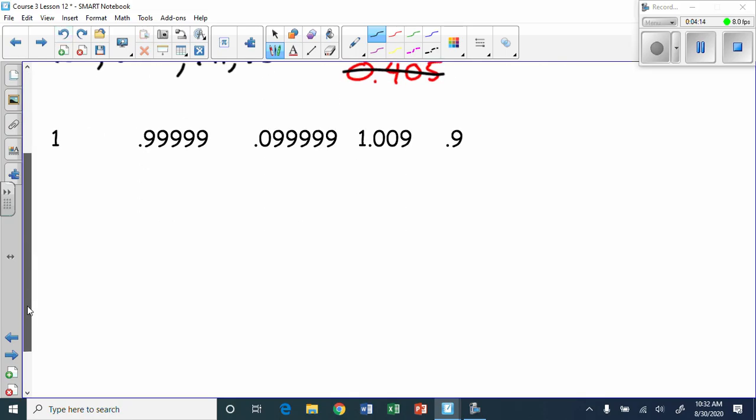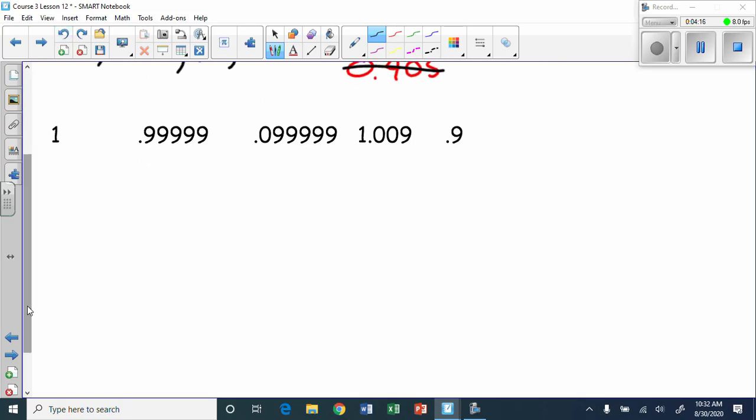Same thing here. If I were to line these up, I'm going to line it up here. 1, 2, 3, 4, 5. 0.99999. I'm going to bring the 1 over. And then I have 1.009, and I have a 0.9. Fill in the missing places with a 0.